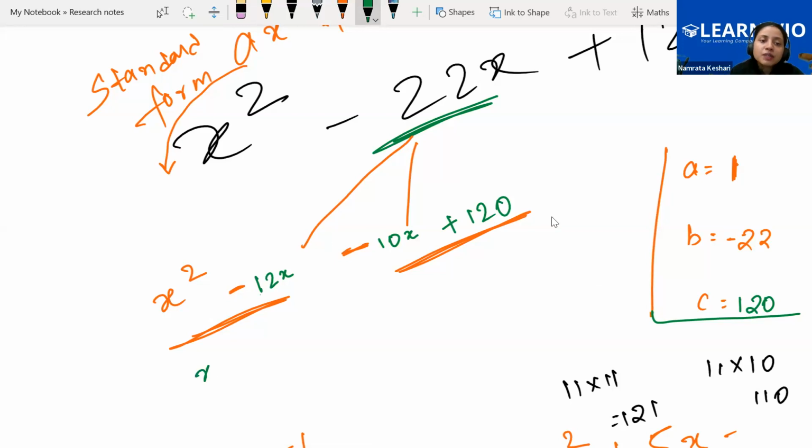And what will be remaining in the bracket? From x square and 12x, when we take x common, from here only x is left, and from here only 12 is left with that minus sign. Yes or no? Yes, ma'am.